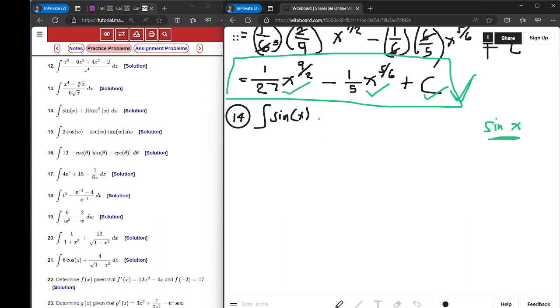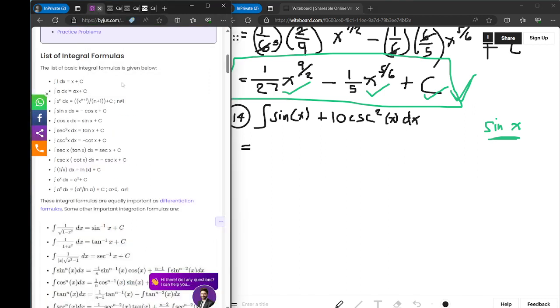Then we have plus 10 cosecant squared of x dx. Since these are now in trigonometric forms, we're going to check our formula. We have integral of sine, and we also have integral of cosecant squared. Therefore, we can solve this problem.